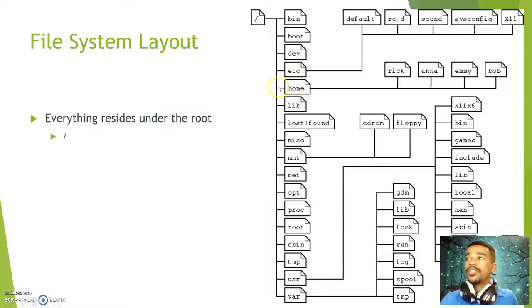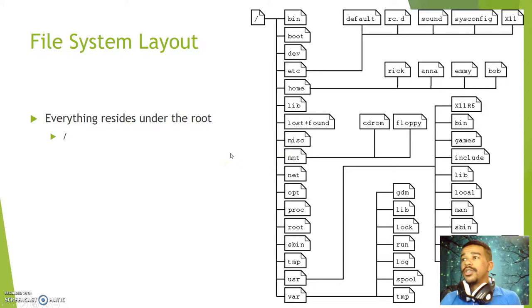But this home directory, we'll see, is something similar to what we're used to seeing in Windows machines where we have users. So from this home directory, you will see a number of user profiles named Rick, Anna, Emmy, and Bob. So these are the various user profiles associated with this machine.